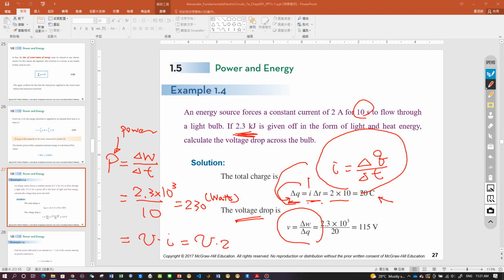So right now you can see V is equal to 115. It's much easier, right? So all go to the same.